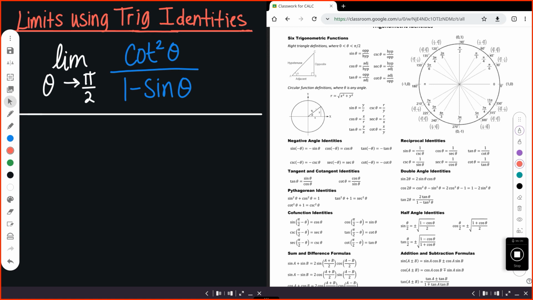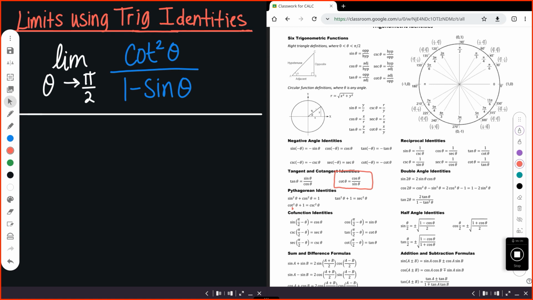Okay, so let's take a look here. We have tons of identities, and where to start. Now, I've gone ahead and boxed in the first identity that we're going to use here. And I know it's not cotangent squared, right?